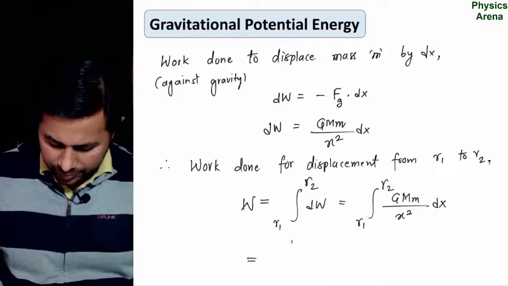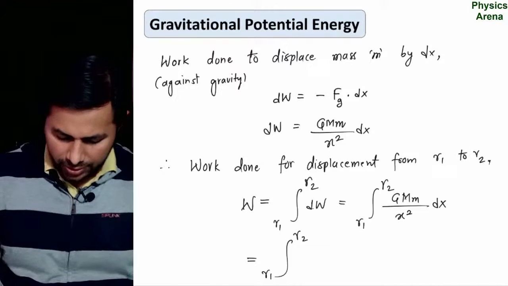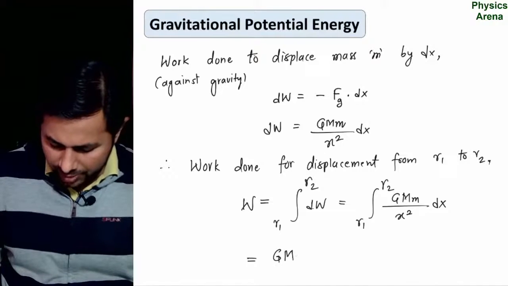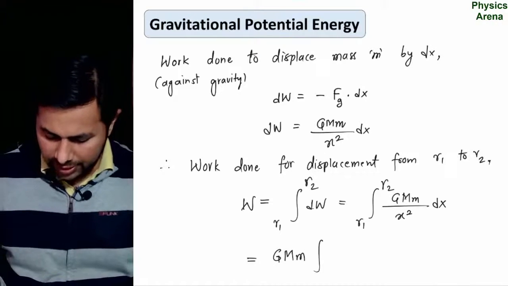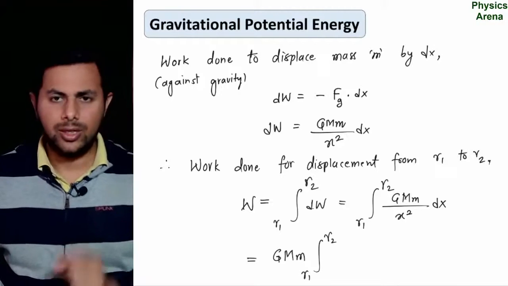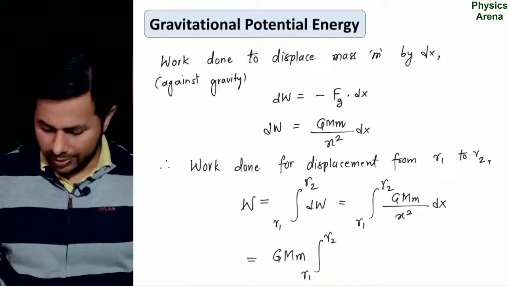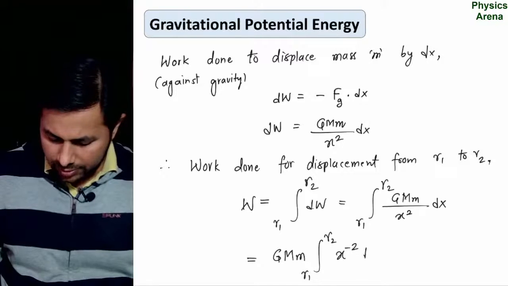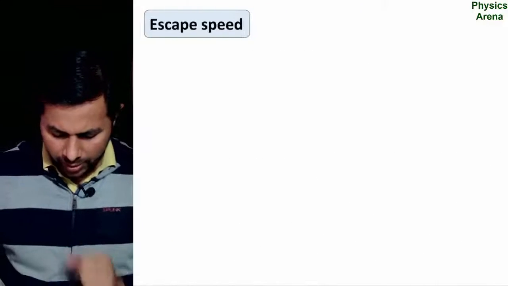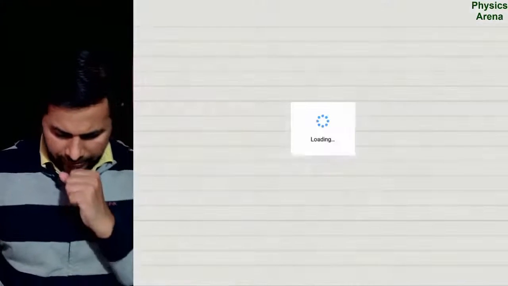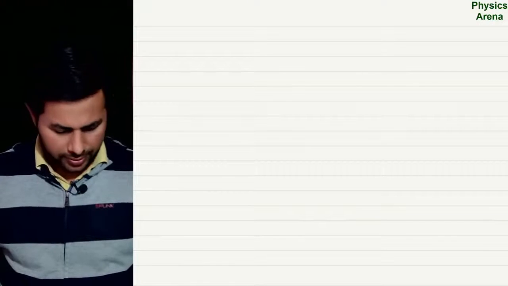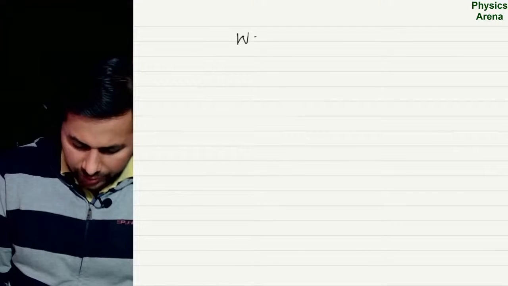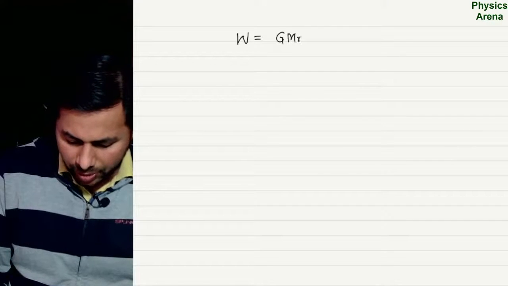GMm is constant, so we can take it outside. So G capital M small m I'm taking outside. This is equal to the integral from R1 to R2 of 1 upon x squared dx, which can be written as x raised to minus 2 dx. Then W equals G capital M into small m times this integral.